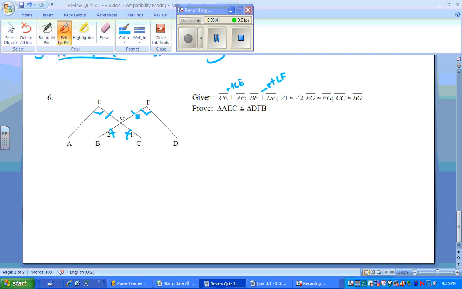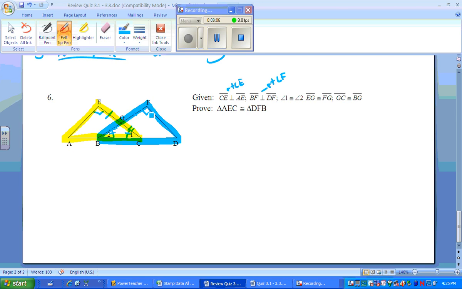And then EG and GF are congruent, and GC and BG are congruent. Our goal is to prove the triangle ABE, so this triangle here, being congruent to the triangle BFD that I highlighted for you.